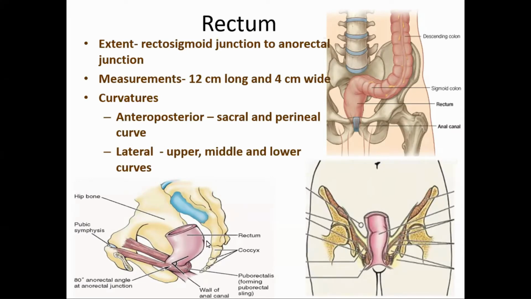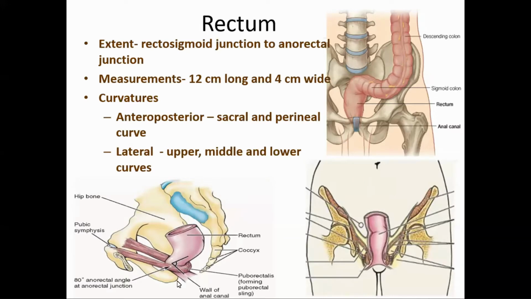Antero-posterior curvature corresponds with the sacrococcygeal curve and the perineal curve. The posterior wall of the rectum is convex, whereas at the anorectal junction, it is convex forward.